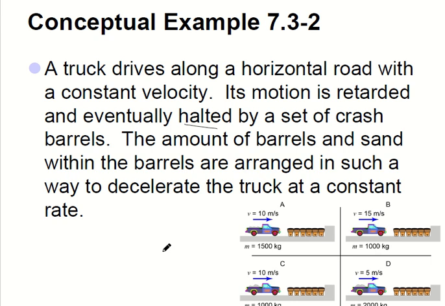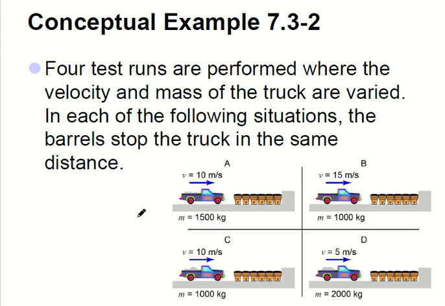The number of barrels and the sand within the barrels are arranged in such a way as to decelerate the truck at a constant rate. Then 4 test runs are performed, where the velocity and mass of the truck are varied. In each of the following situations, the barrels stop the truck in the same distance.